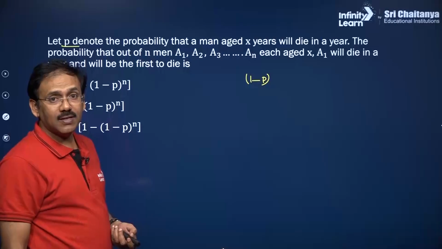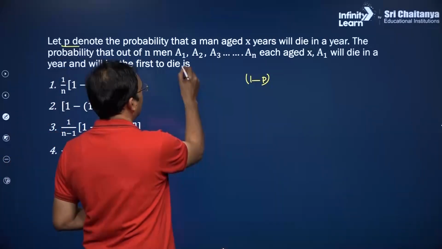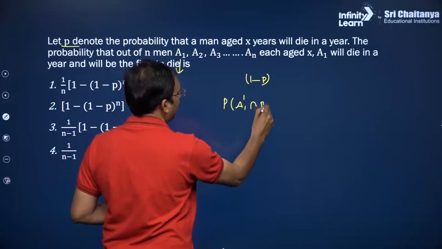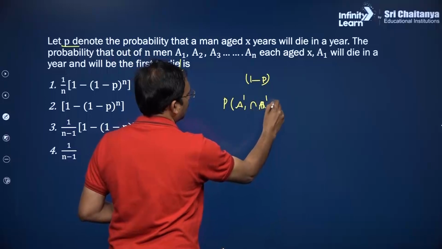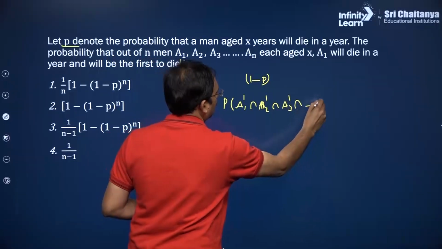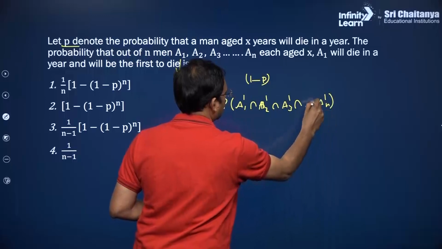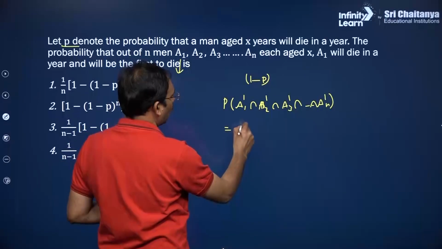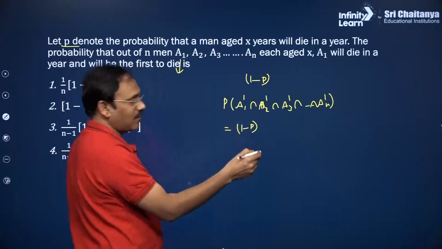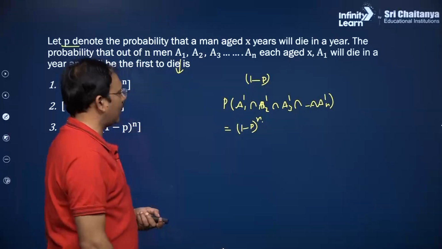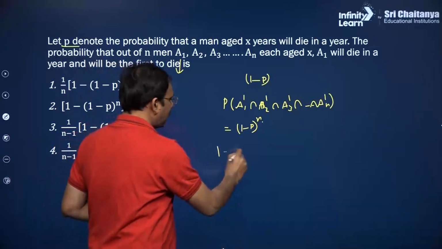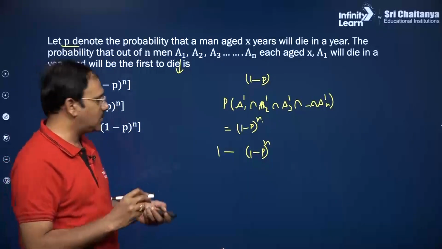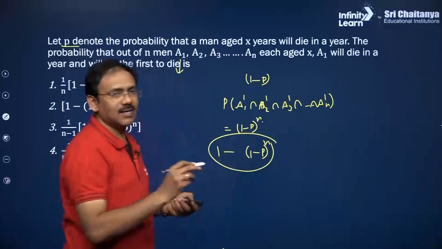What is the probability that A1 does not die, and A2 does not die, and A3 does not die, and so on, An does not die? You just find, my dear friends, no one dies. That is nothing but (1 minus p) multiplied n times, because they are independent events: (1 minus p) whole power n, no one dies. Now 1 minus (1 minus p) whole power n gives at least one of them dies. So this is the probability that at least one of them dies.